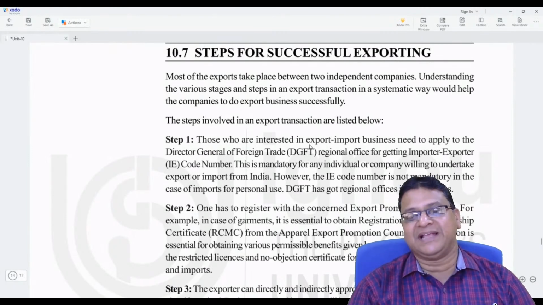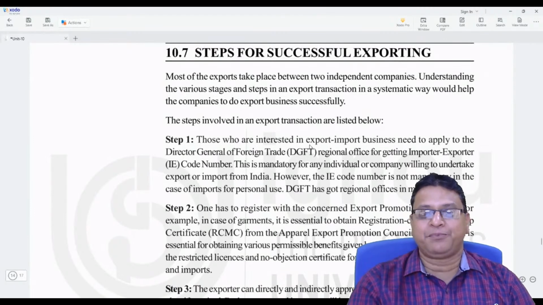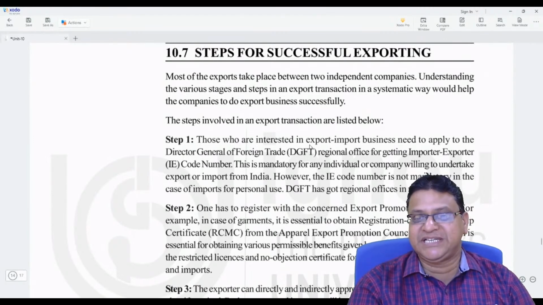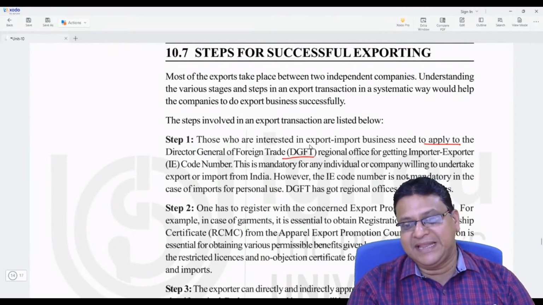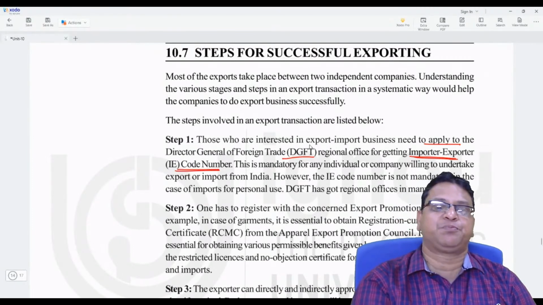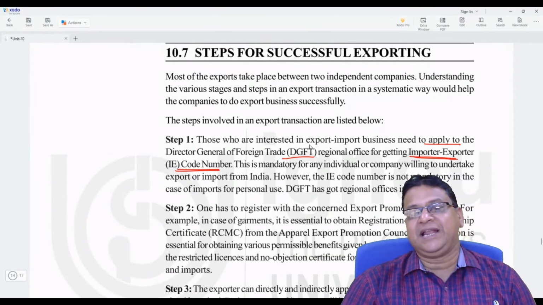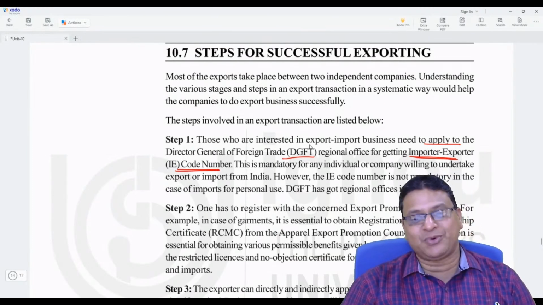If you want to be an exporter, the first step is you have to apply to DGFT, Director General of Foreign Trade, to get an import-export code number. Every exporter must obtain an IE code number, import-exporter code number.